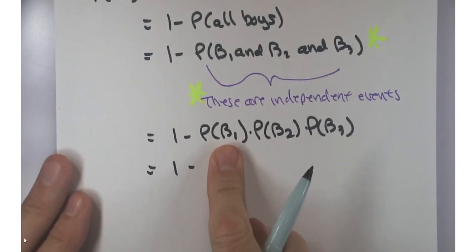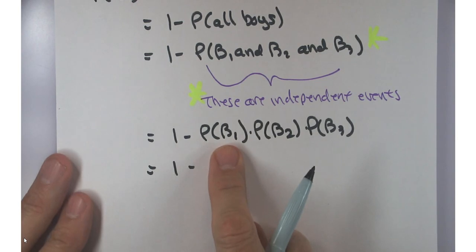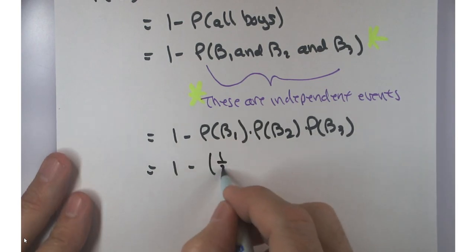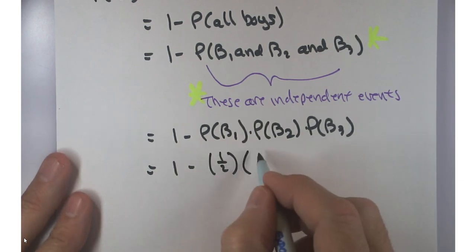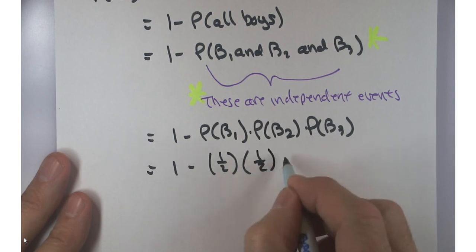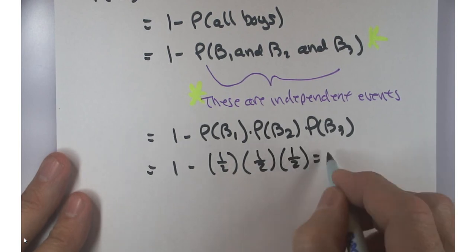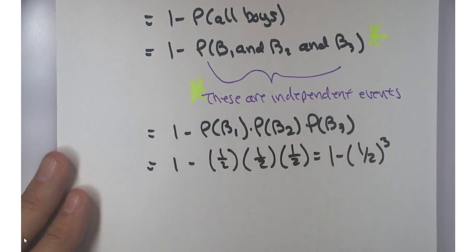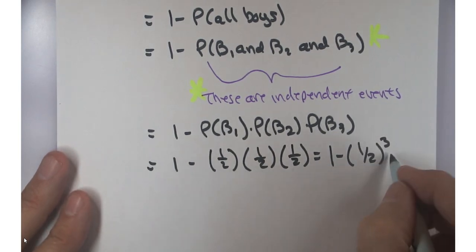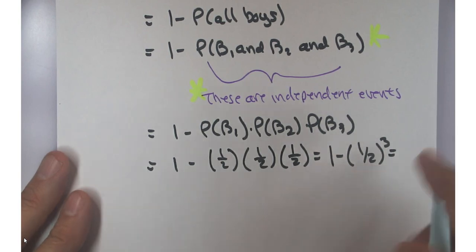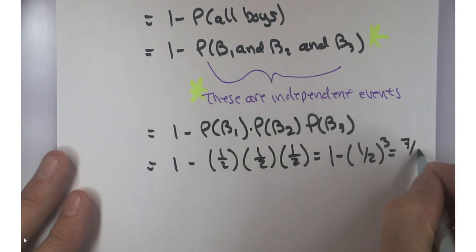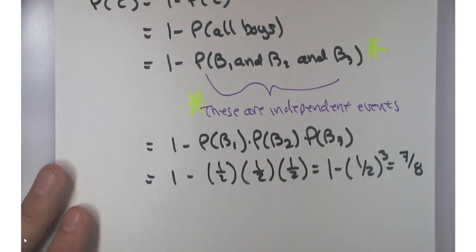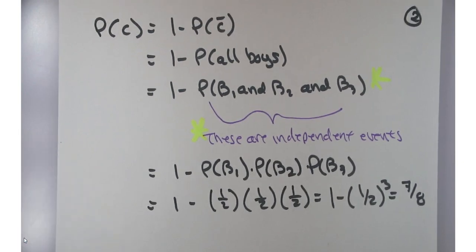What's the probability of a boy on the first one? 50%. Yeah. Let me call it 1/2. And on the second one? 50. Yep. So overall, it's going to be 1 minus 1 over 2 cubed, which is 1 minus 1/8, or 7/8. So yay, there's our probability.